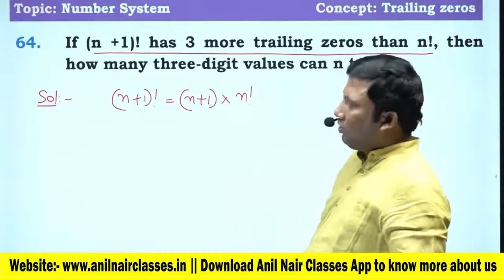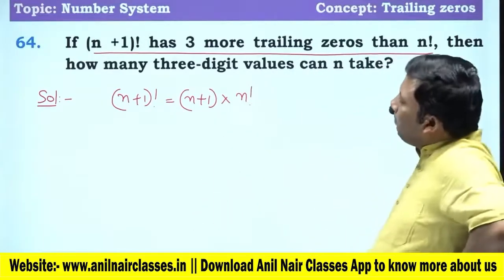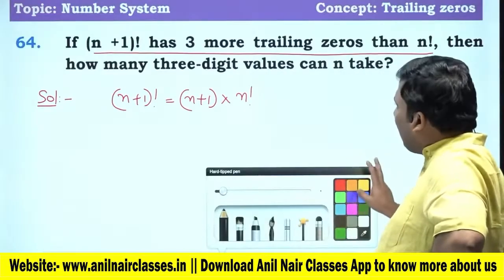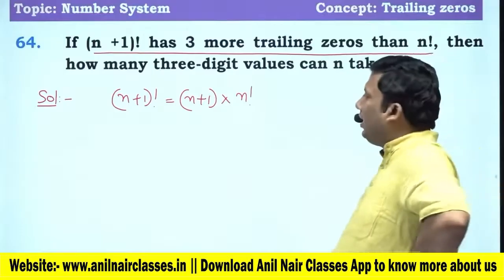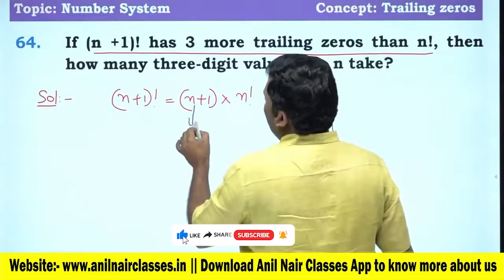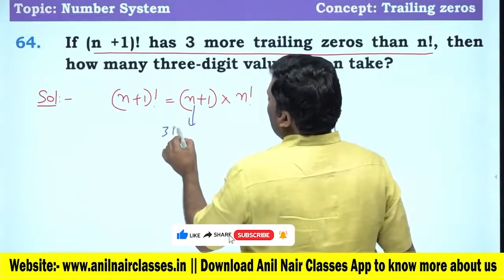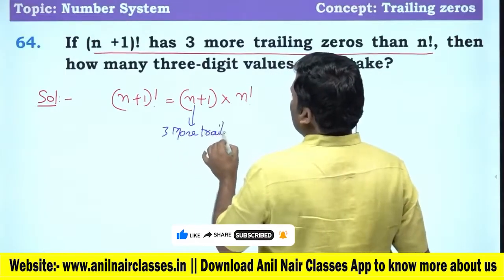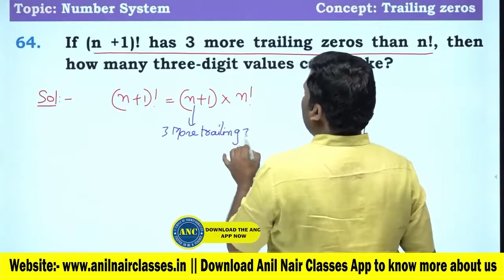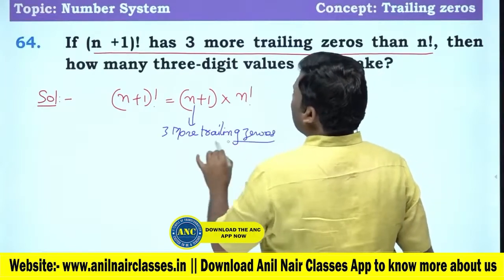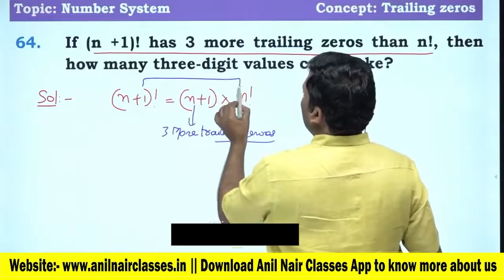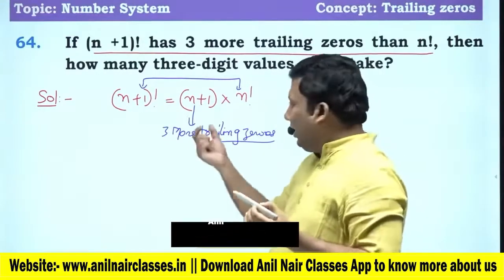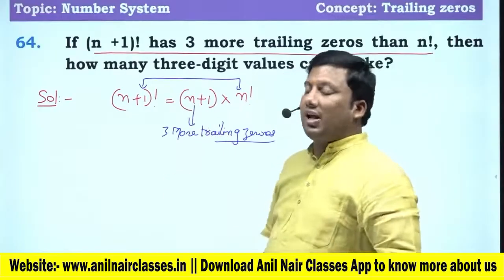Read the question: n plus 1 factorial has 3 more trailing zeros than n factorial. That means the 3 more trailing zeros are because of this n plus 1. The difference in the number of trailing zeros for n factorial and n plus 1 factorial is 3, and that 3 is because of this n plus 1.